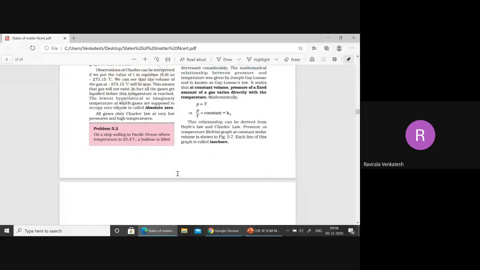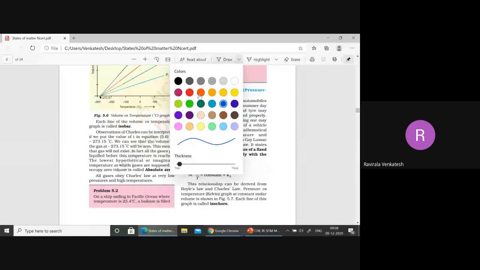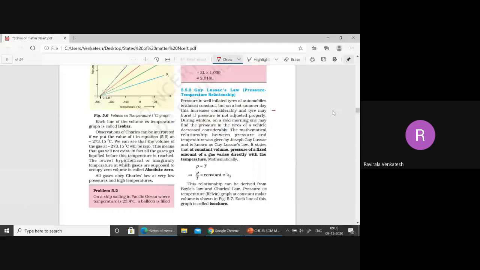This we are discussing, right? So this part we are going to discuss Gay-Lussac's law, in which pressure is directly proportional to temperature.